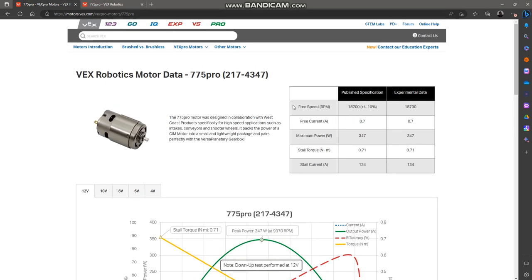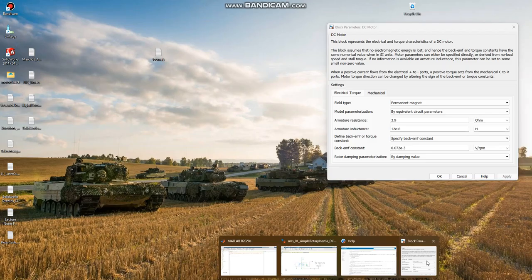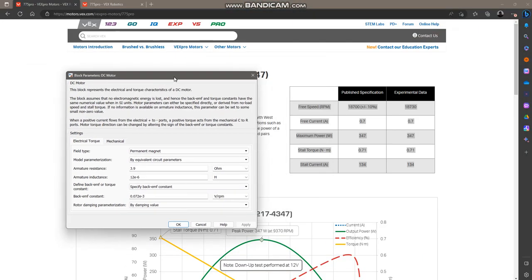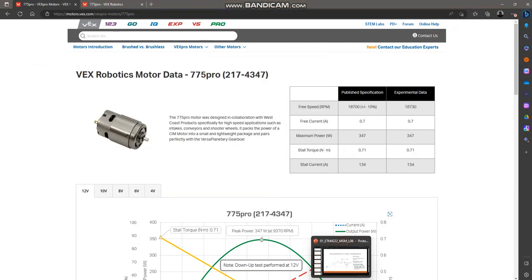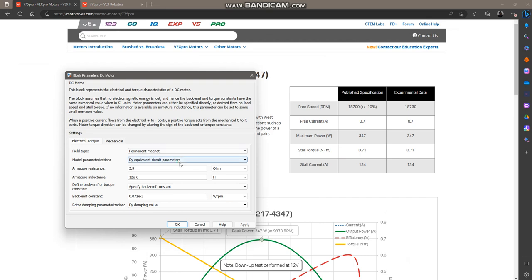So based on the limited amount of characteristic parameters that they have provided, we must select the parameterization approach. If we were to use the parameterization approach of specifying equivalent circuit parameters, we would need armature resistance, inductance, back EMF constants, and so on. None of which are specified over here, so this is definitely not going to work.